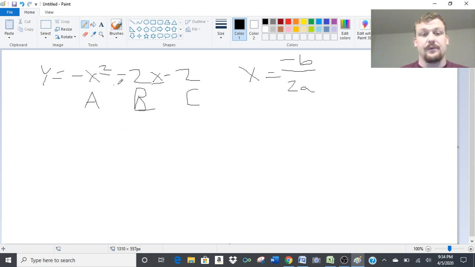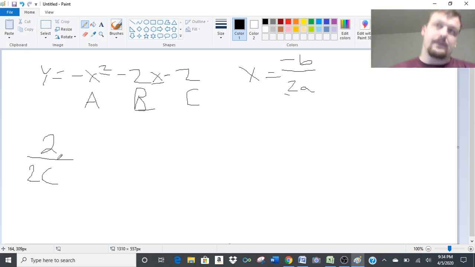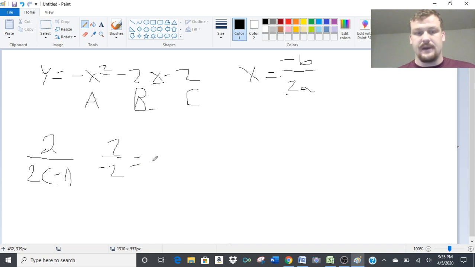Our b is -2, so the opposite would be 2, over 2a. Our a is -1, so this becomes 2 over -2, which becomes -1. So our x equals -1.